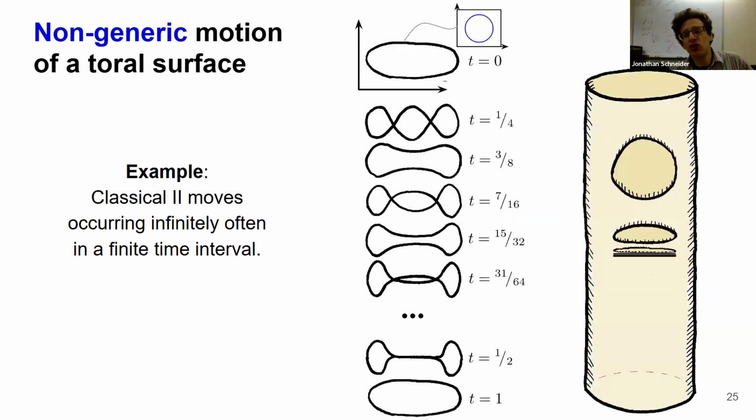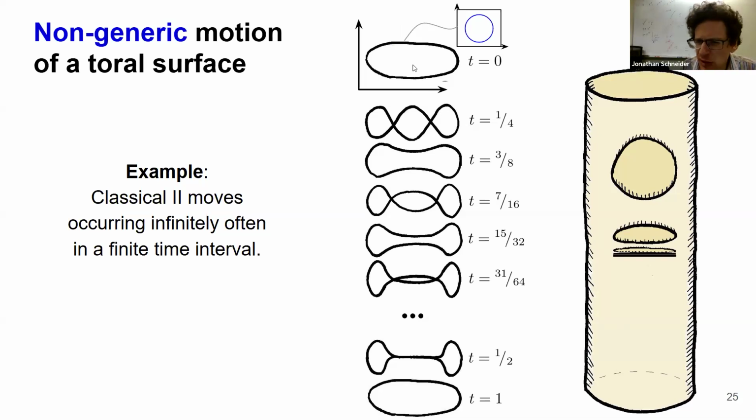Here's an even crazier example of non-generic motion. In this case, I'm going to start and end with just a trivial unknot diagram, just a basic loop, because the way this torus is about to move is pretty nuts.